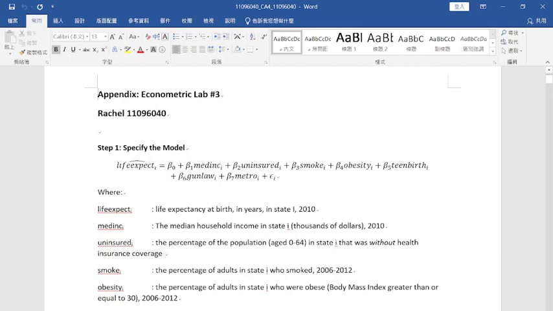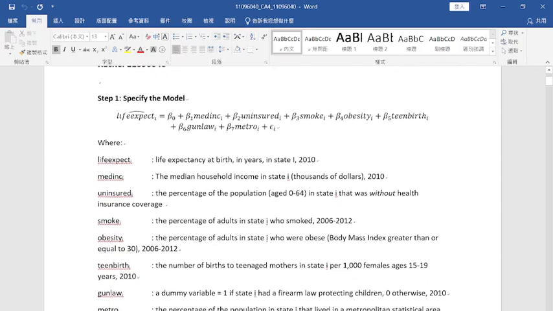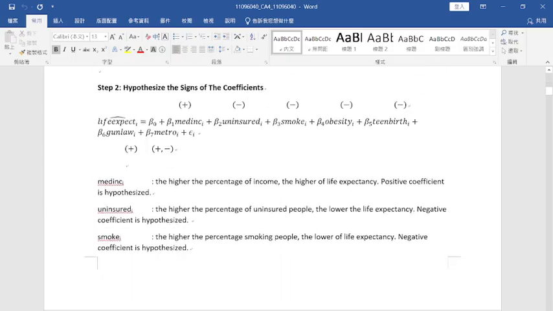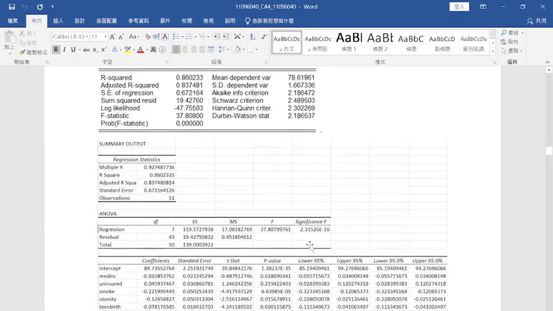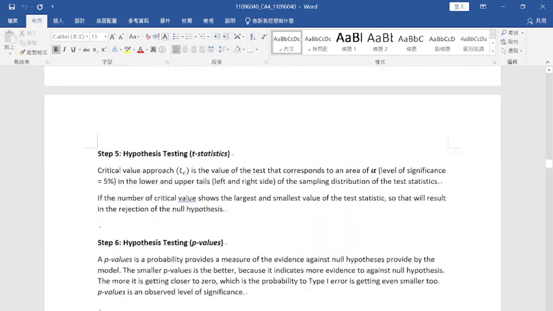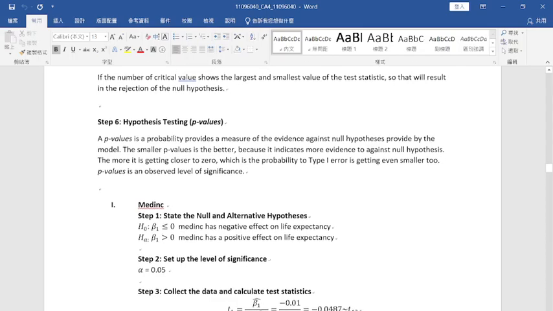Okay, good afternoon, everyone. I want to present our discussion. This is the estimation, and for steps 5 and 6, we combine them together for all the variables.